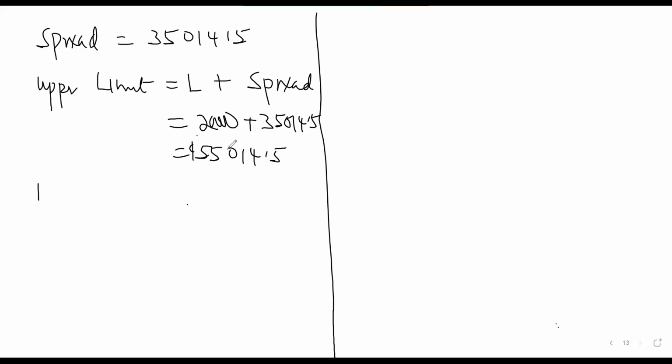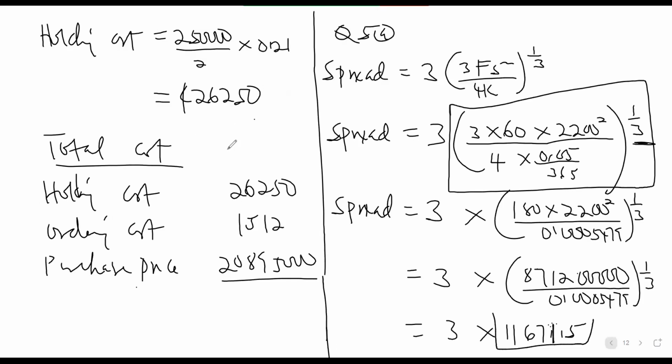Then you now count to the return point. The return point is the lower limit plus 1/3 of the spread. For 1/3 of the spread, you can just come here and pick this answer.